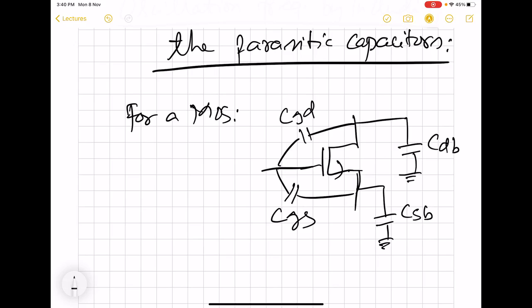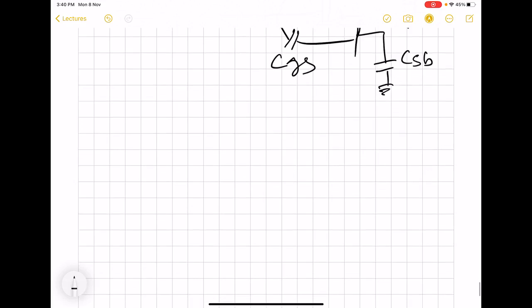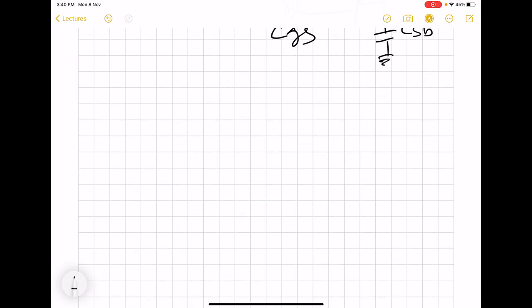So these are the 4 capacitors that are present. Let us try to include each of these 4 in the oscillator and see what we get for the oscillation frequency. So now first we draw the oscillator, and then we will include these capacitors for both of the MOS.